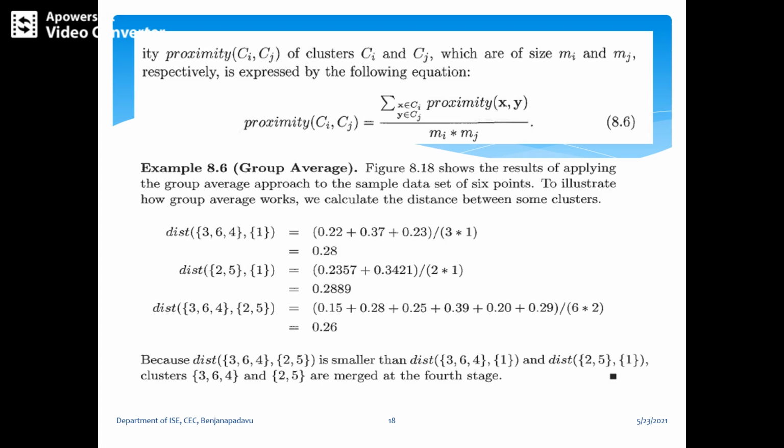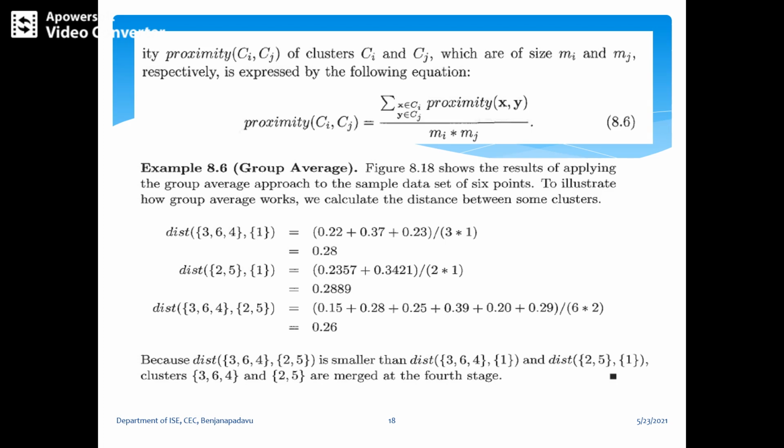So these values we take: 0.15 plus 0.28 plus 0.25 plus 0.39 plus 0.20 plus 0.29, divided by the total here, 6 into 2, that is 12 points in total. The answer is 0.26.